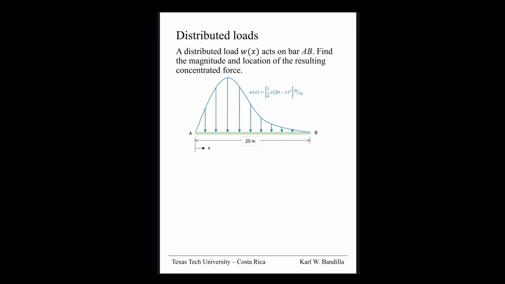Now, because this is a somewhat strange shape, we can't just find what it is as if it were a rectangle or triangle or something. We actually have to do the integration. So if we do that first for FR, we can say FR is equal to the integral from 0 to L, if we consider this to be L, of W of x dx.